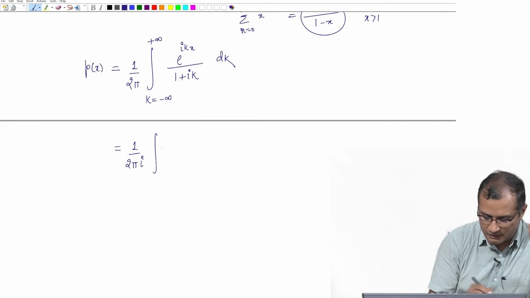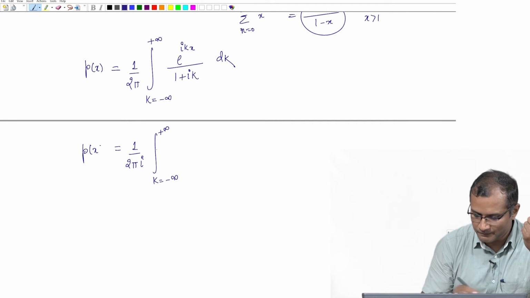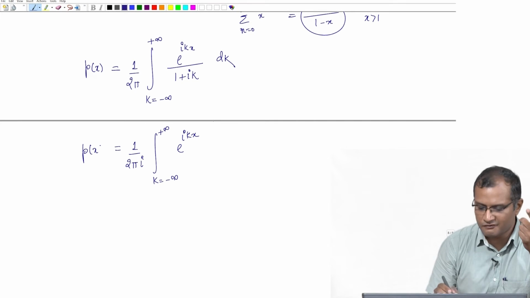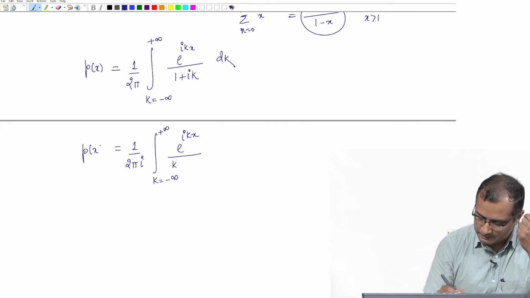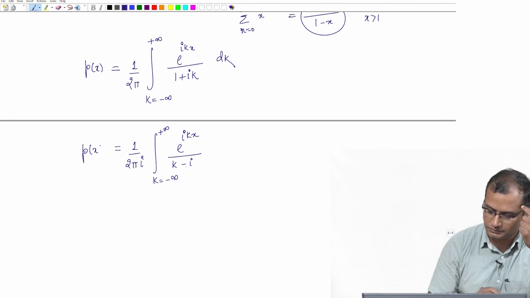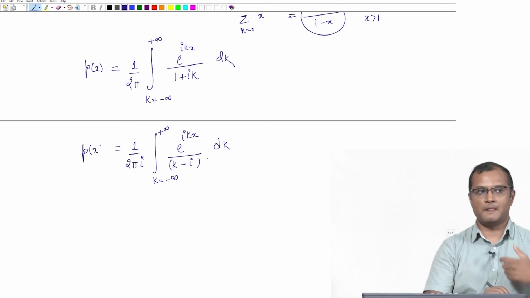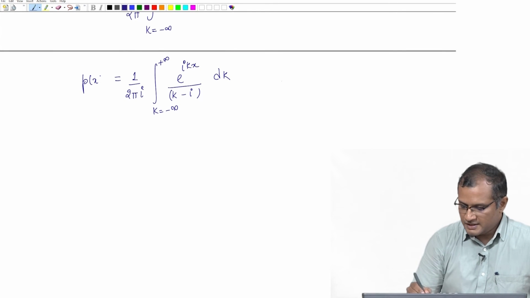So, I will write this as the integral over k going from minus infinity to plus infinity of e to the power I k x. I have just pulled out a I in the denominator, and I will write it as k minus I. Okay. So, now this is the integral that I am chasing.